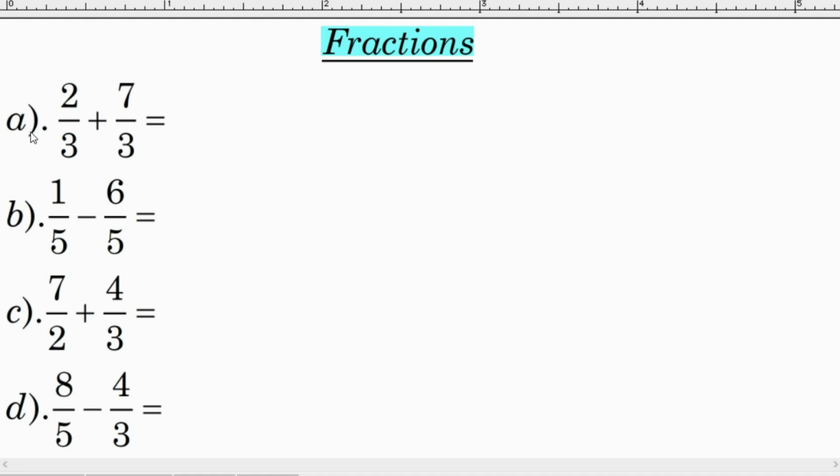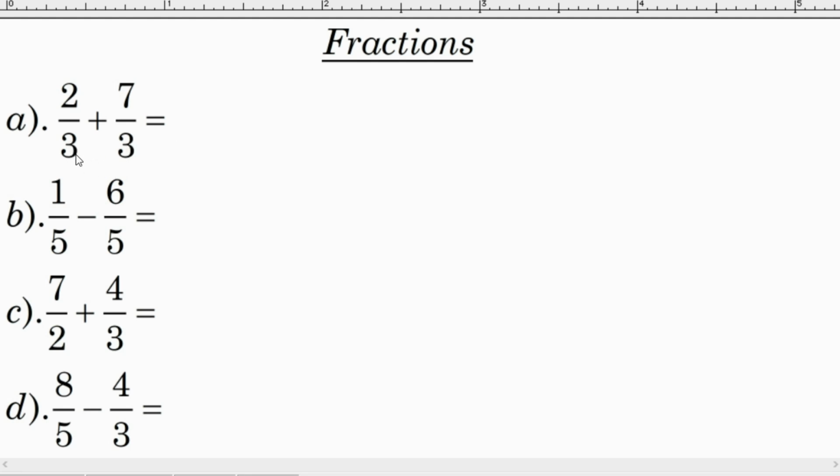So let's solve A together. For A we have 2 thirds plus 7 thirds. As we can see, we have the same denominator, right? When we have two fractions adding together with the same denominator, we can keep the same denominator and then add the numerators together.